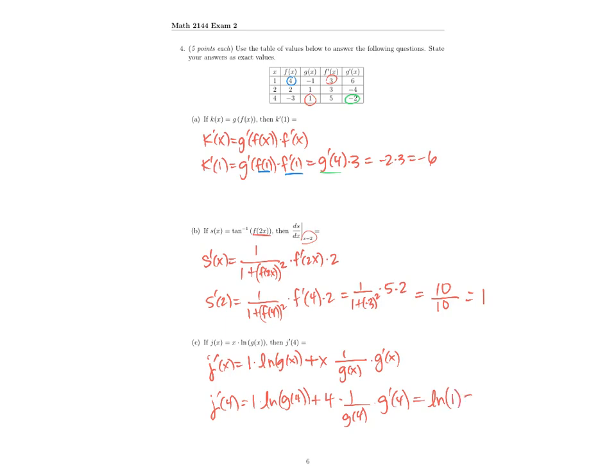Natural log of 1 plus 4 over, what's g of 4? g of 4 again is 1, and g prime of 4 is negative 2. Okay, so natural log of 1 is 0, plus 4 times negative 2 is minus 8, so we get negative 8 for that.